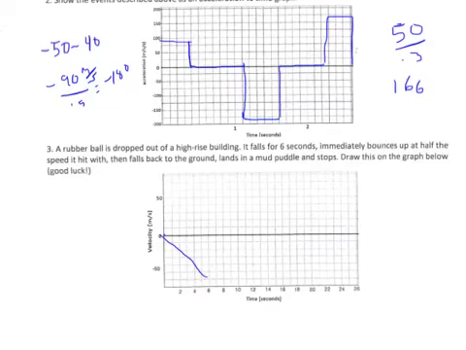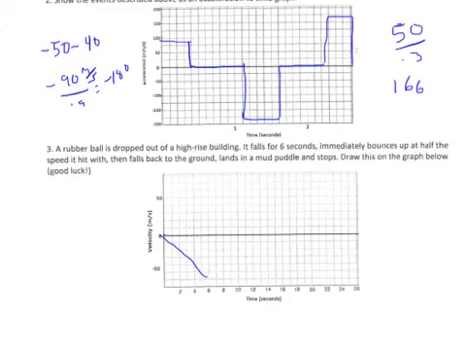Now, it hit the ground. Now look what happens. After it hits the ground, it immediately bounces up at half the speed it hit with. Which way is it moving at this point? When it bounces, here it was falling down. Now, it's going to be moving upwards. But remember, up on this graph does not mean up in the real world. I now have an upward velocity. Upward is the positive direction.